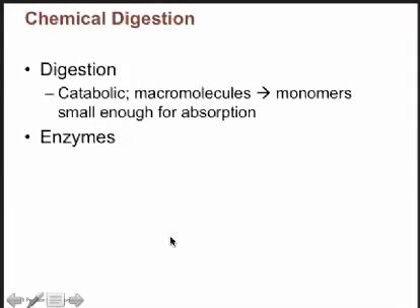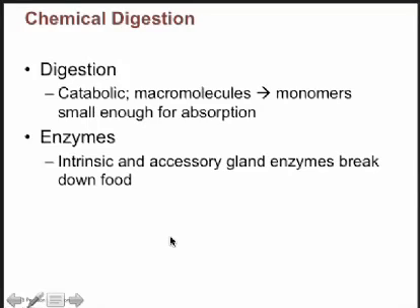The enzymes that facilitate this are created by the accessory glands of the digestive system and also by the lining of the small intestine and the stomach, just to name a few of the very important organs. So the salivary glands have a role here, the gastric lining, the gastric mucosa, the liver and the pancreas have a role, and the lining of the small intestine, the brush border enzymes, have a role as well. So intrinsic and accessory glands help to break down the food.